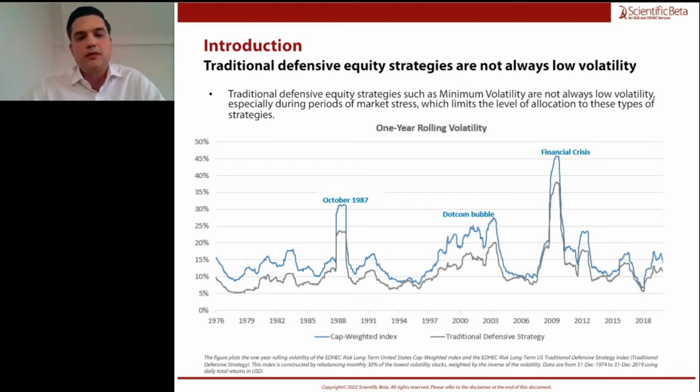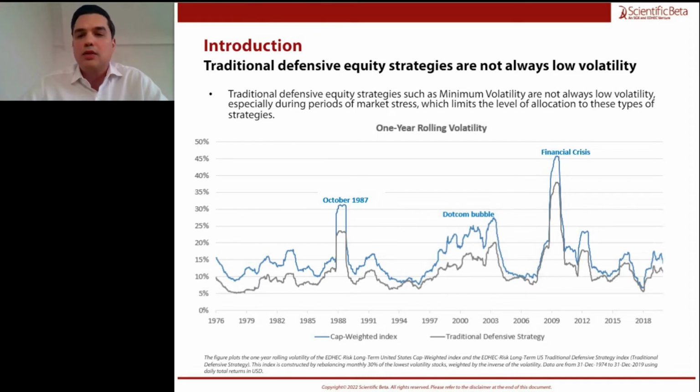What we can see is that first, on average, or most of the time actually, the traditional defensive strategy has a lower risk, a lower volatility than the cap-weighted index. However, the second thing that happens here is that the traditional defensive strategy still goes through the same spikes of volatility, the same spikes of risk as the cap-weighted index during extreme market events.